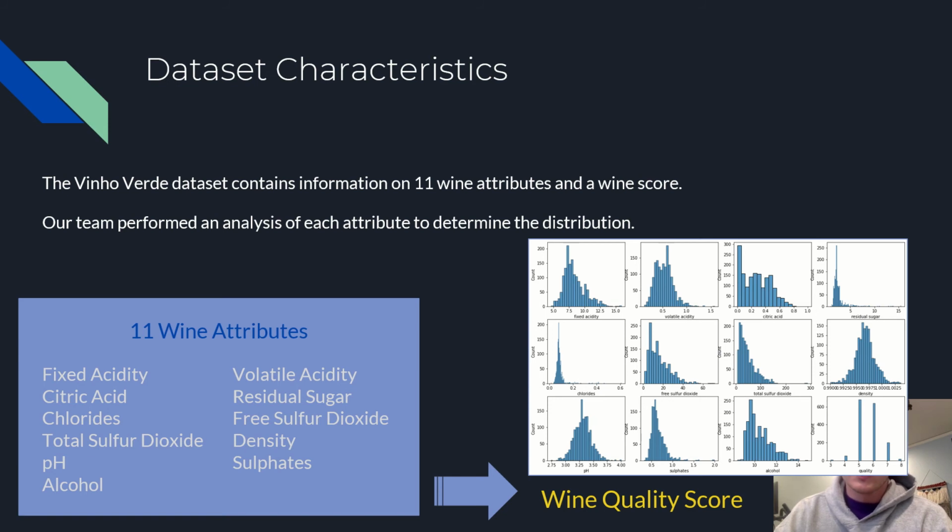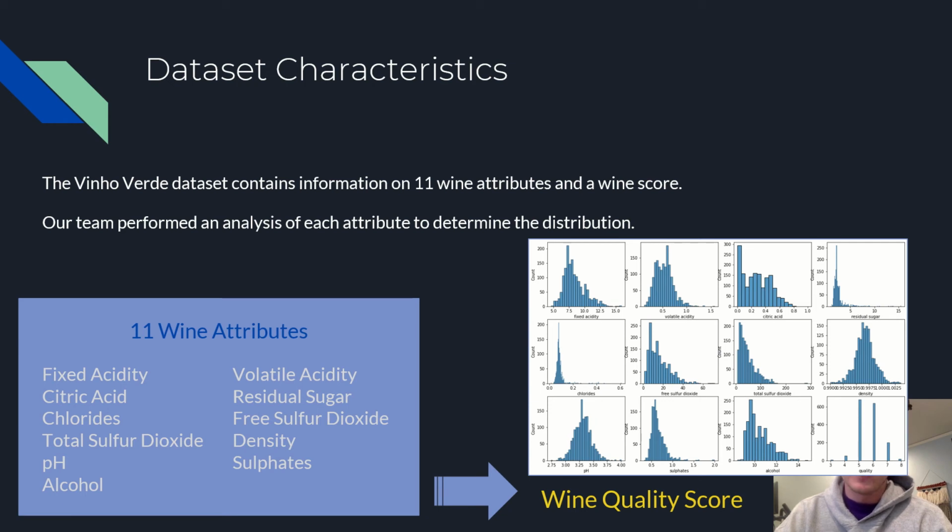The wine quality is also considered normally distributed, with values heavily concentrated in the 5 to 7 score range. From a data quality perspective, every wine had a value for all 11 attributes and score, so there were no instances of null or missing values for any of these attributes.